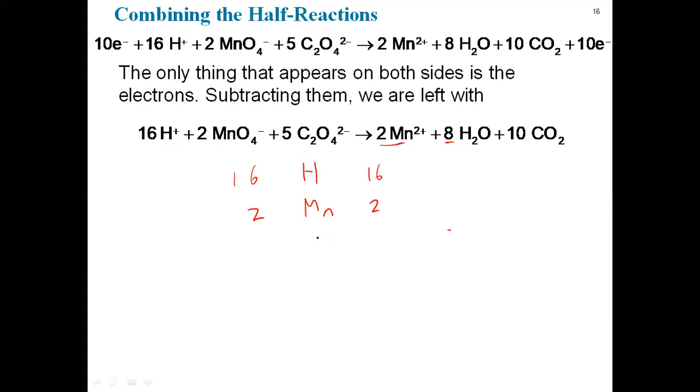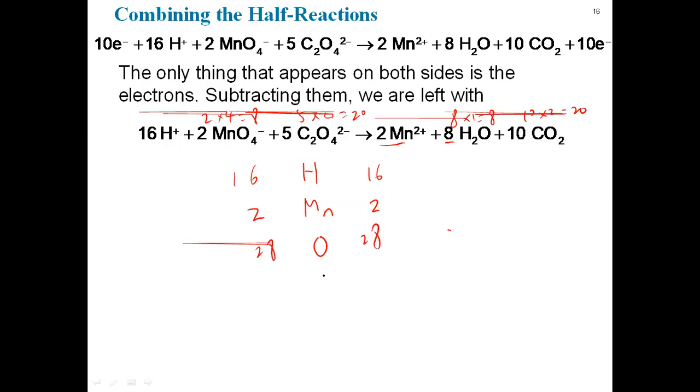Next, we check the oxygen. Oxygen here: 2 times 4 is 8, and 5 times 4 is 20, so we have 28. On the right: 8 times 1 is 8, then 10 times 2 is 20, so also 28. So oxygen is also balanced.